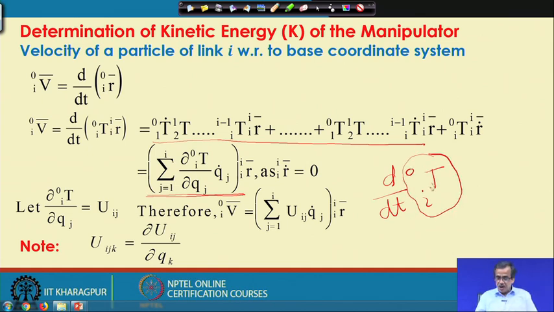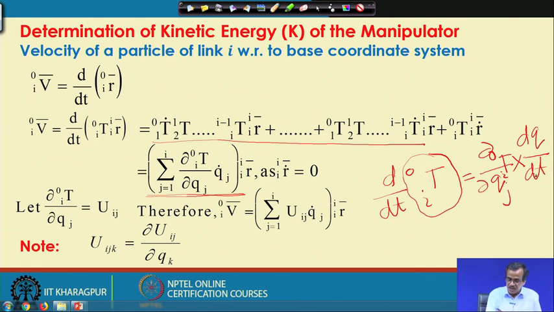Now, d/dt of T_i with respect to 0 can be written as the partial derivative with respect to q_j multiplied by dq/dt. So, d/dt of T_i with respect to 0 is nothing but the partial derivative of T_i with respect to 0 multiplied by dq/dt.